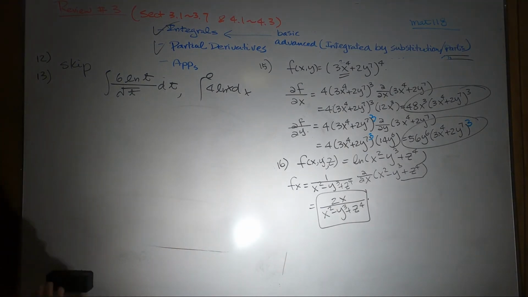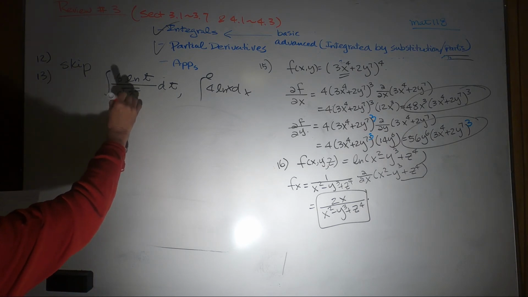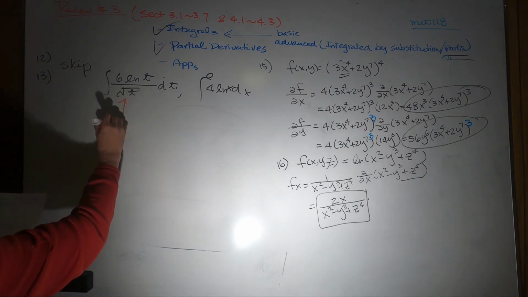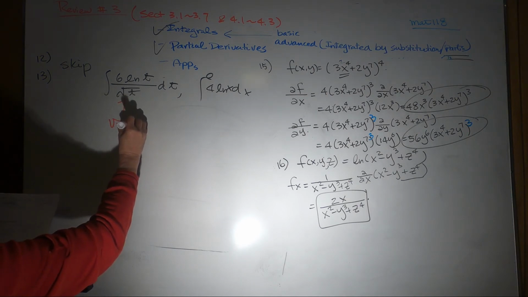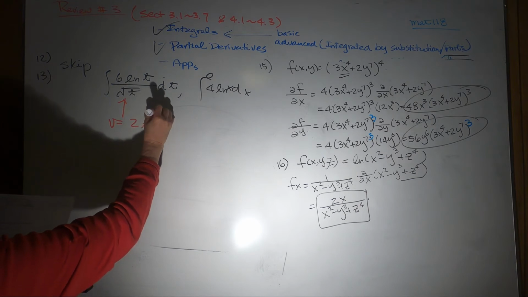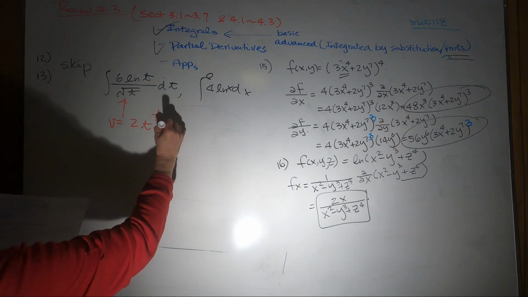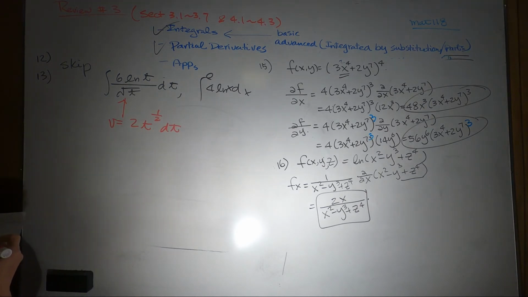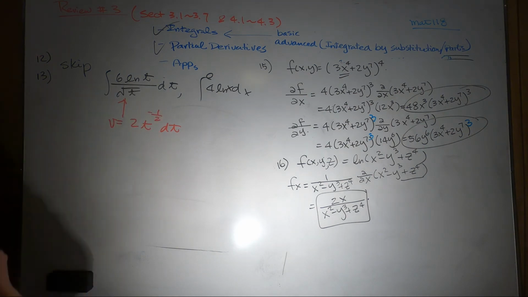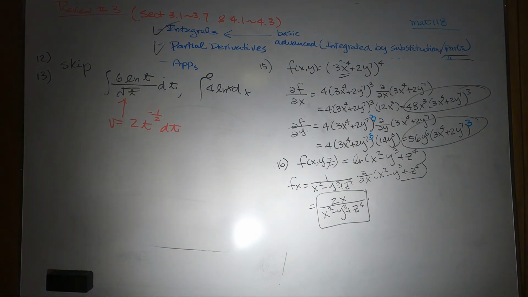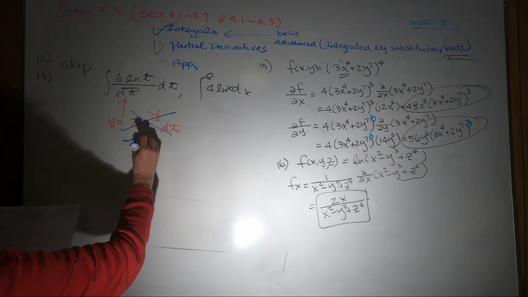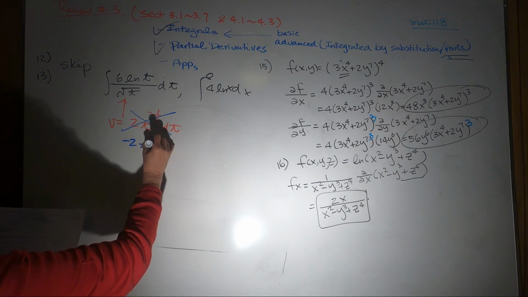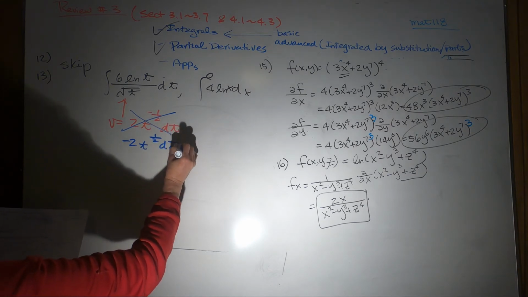Okay, on the problem 12, for this one, there are some typos. I had 2t half dt. I wrote something like that, but actually it should be negative 2t half dt.